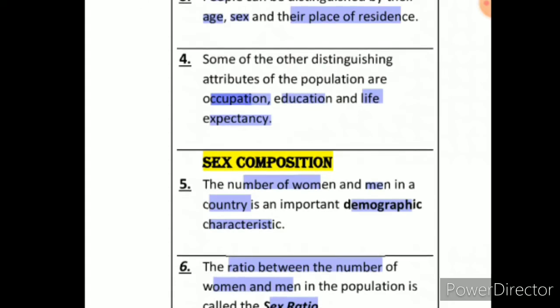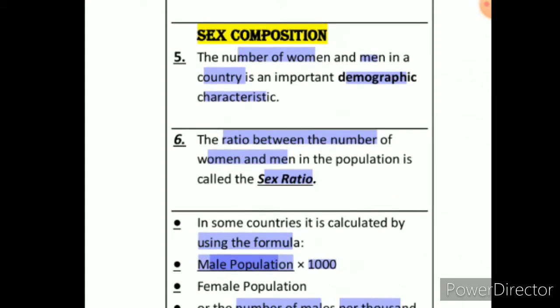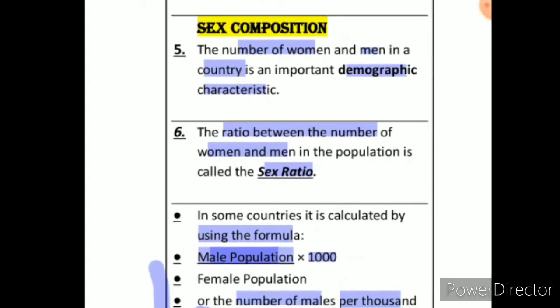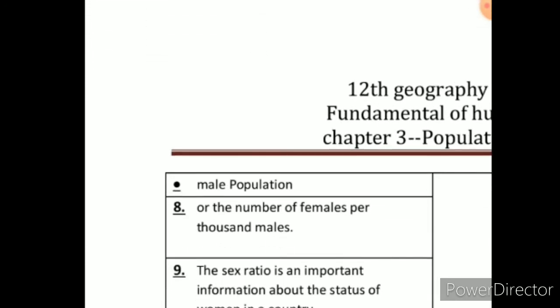Then if you take the example of India, we work with a different formula, right? Female population divided by male population, into 1000. So in this way we can take out sex ratio in India. So we can say in India, number of females per 1000 males.